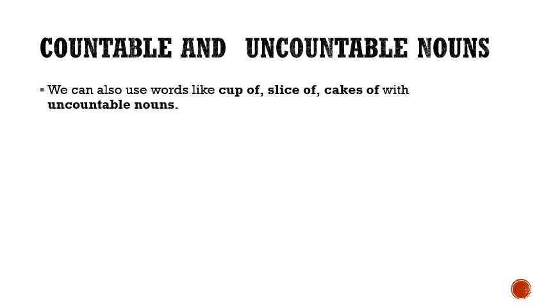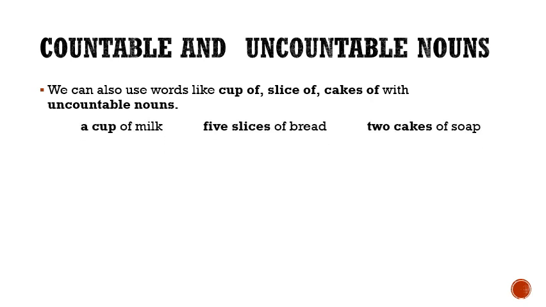Now we can also use words like cup of, slice of, cake of with uncountable nouns. Let's have a look at a few examples. A cup of milk or 5 cups of milk, 5 slices of bread, 2 cakes of soap.